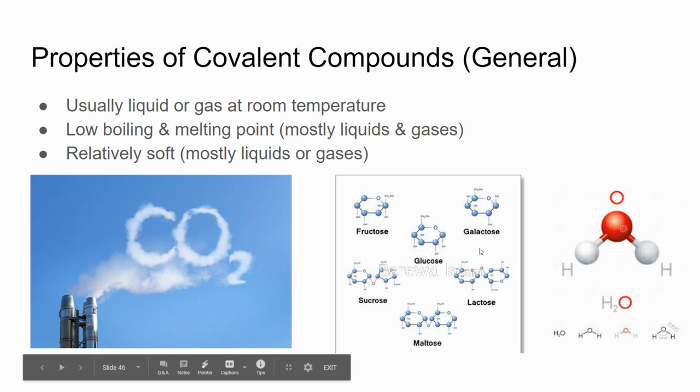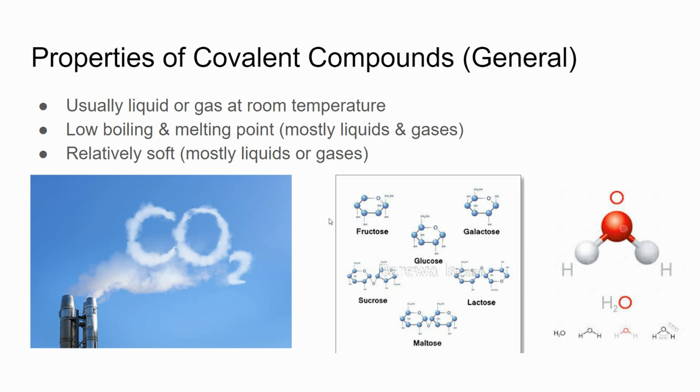Obviously, think about sugar. Sugar is a solid, right? CO2 is a gas. Water is a liquid. So many different properties. That's kind of why I put them here. They're just crazy. But usually they have low melting points. Even sugar has a pretty low melting point. It doesn't take much to heat it up and melt it compared to an ionic compound.